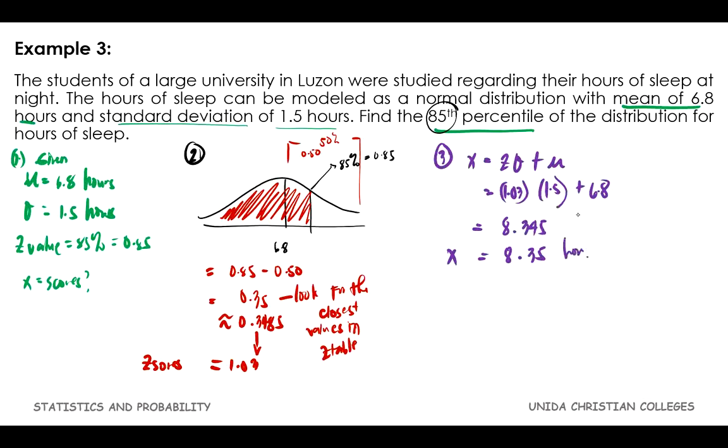Okay. So, meaning, yung 85% na yun, pinaka-maximum sleep nila is 8 hours and 35 minutes.